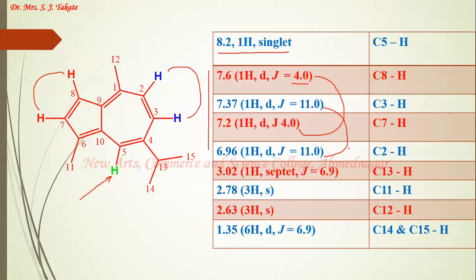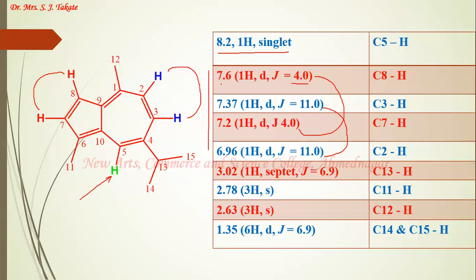This can be easily used to decide which pair shows 4 Hertz and which one shows 11 Hertz. The pair of protons present on the smaller 5-membered ring will have the small coupling constant value of 4 Hertz, while the large coupling constant value of 11 Hertz will be because of the two protons present on the 7-membered ring.